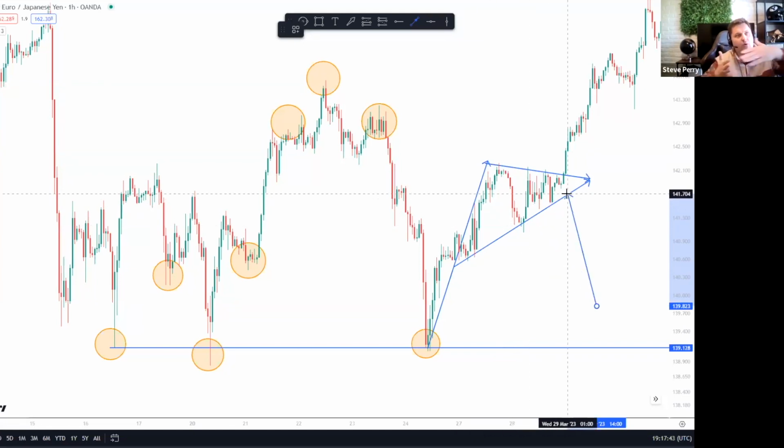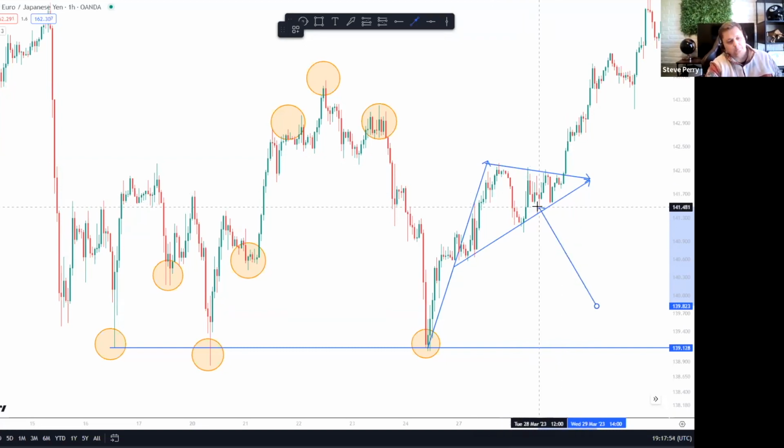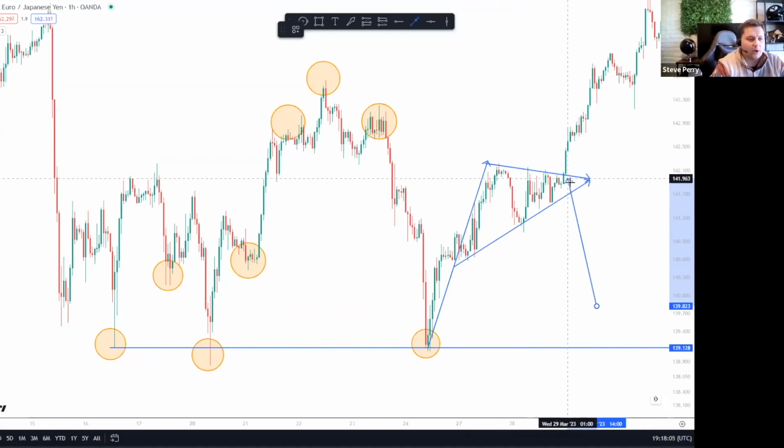It's kind of like compressing into either a triangle, we also call that a pennant. It might even be fine to call it a symmetrical triangle, or a flag. It's flagging. So when something's flagging, it's coiling up into a corner, and ultimately is going to create a breakout.